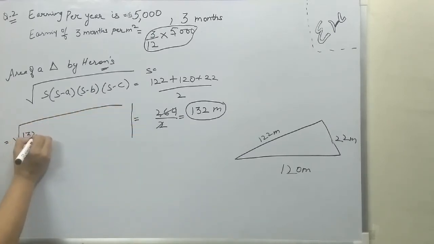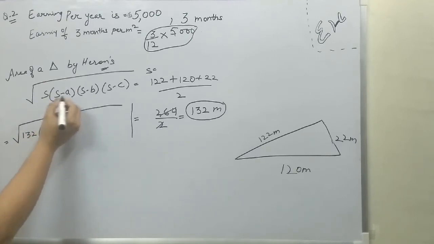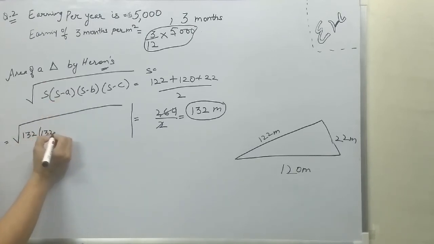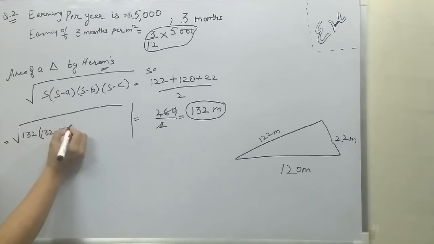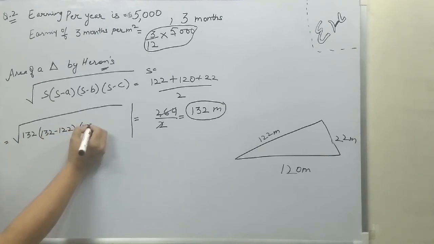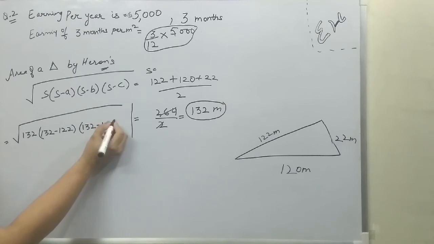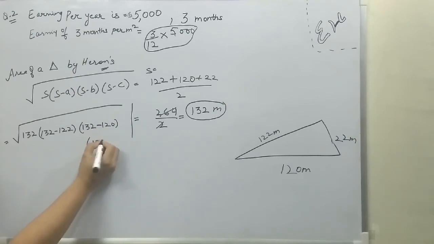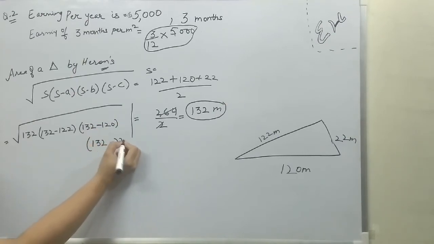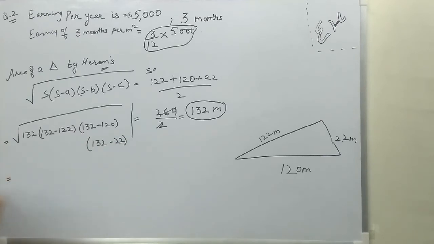S is 132 meters and S minus A is 132 minus 122, 132 minus 120, 132 minus 22.